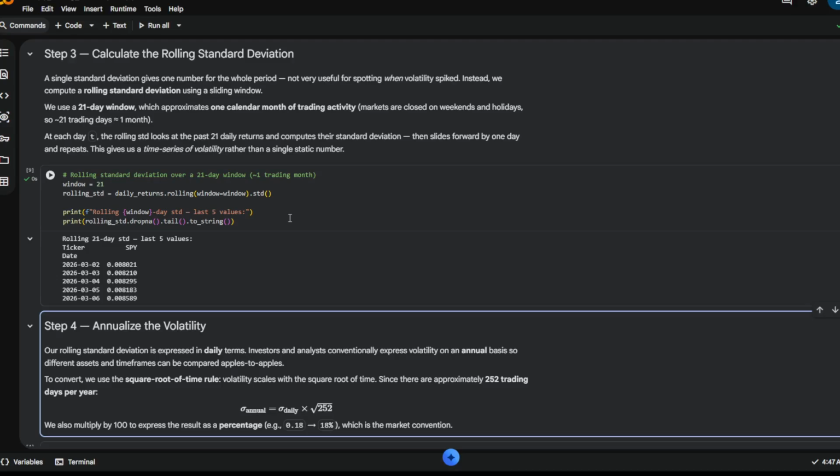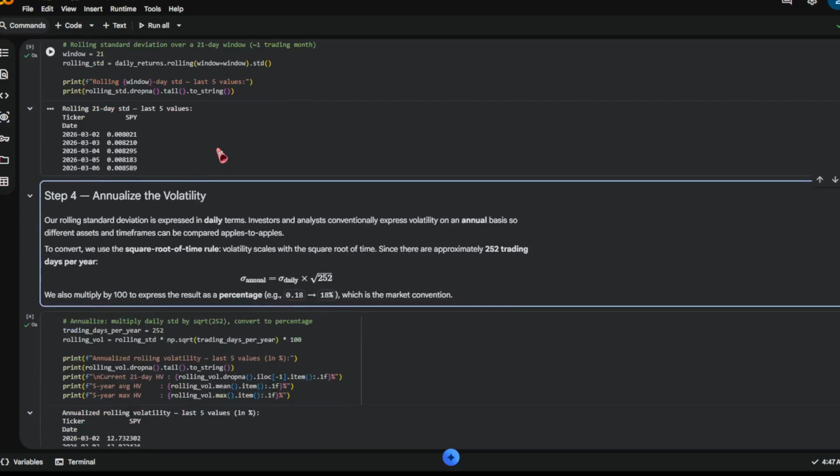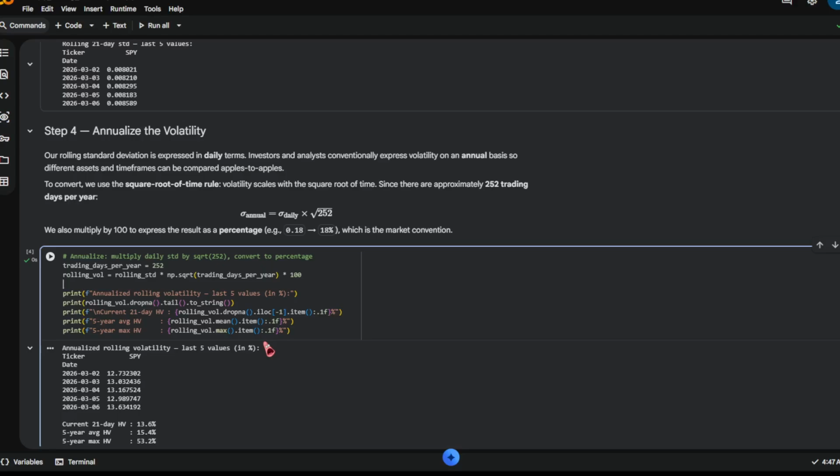And of course, we will have the first 21 rows with empty values, because we need 21 days to start computing the standard deviation. Now we will annualize it simply by multiplying by the square root of 252. This is the annualized volatility.